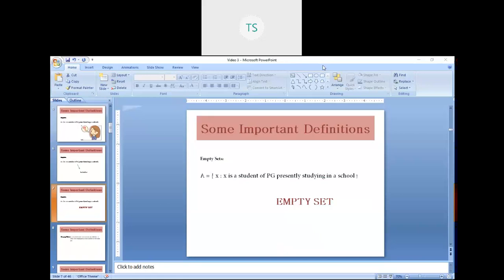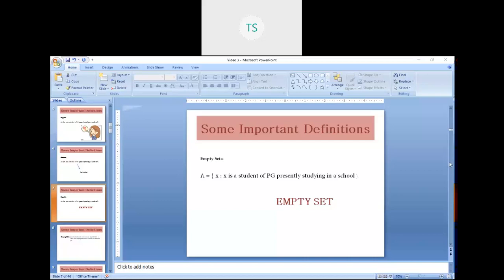Yes, try to give one example. There are so many examples of empty set. It is not necessary that all the sets are from your number theory. You can give any day-to-day example of an empty set. Hello?